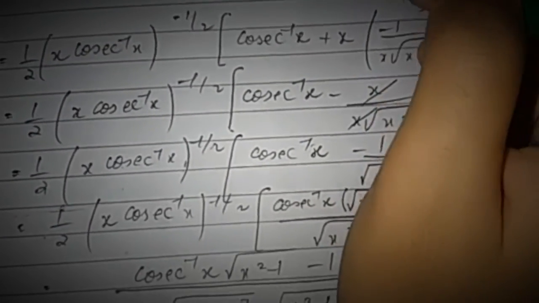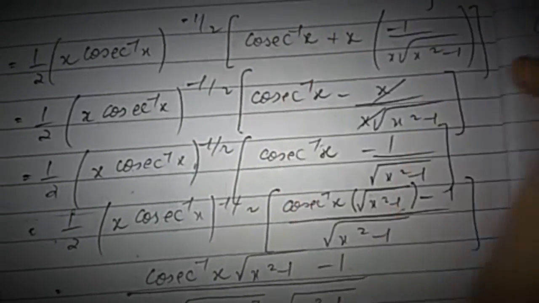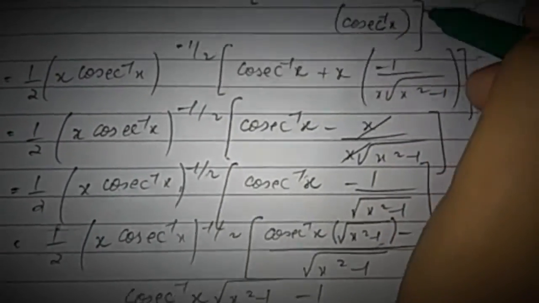The formula says v into d upon dx of u plus u into d upon dx of v. So according to the formula, v is cosec inverse x, d upon dx of u, where u is x, plus u, which is x, into d upon dx of v, where v is cosec inverse x.